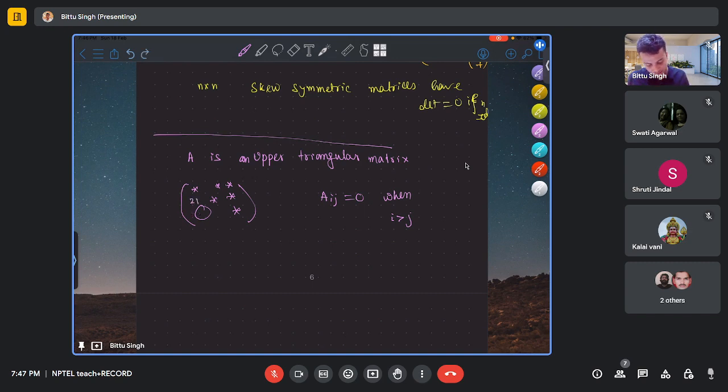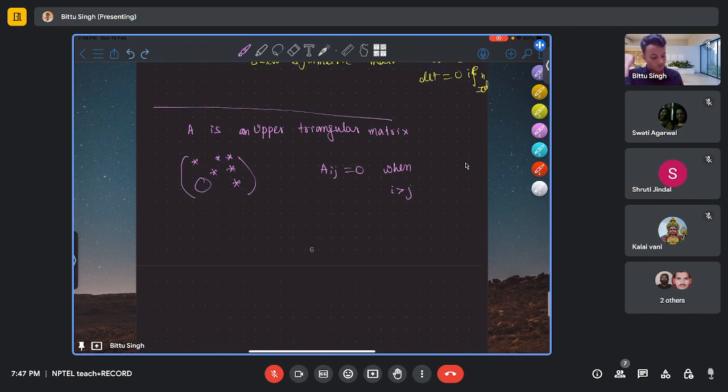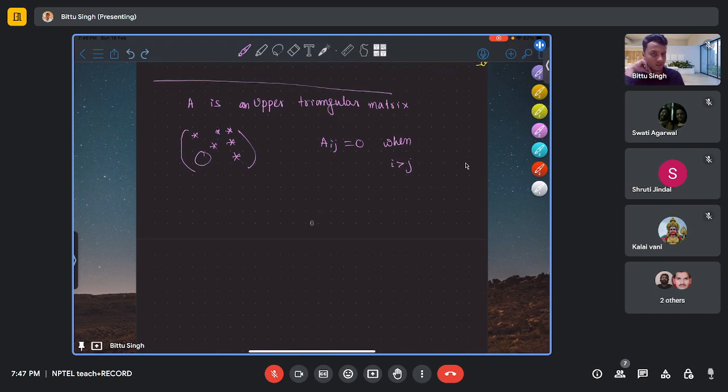So when i is greater than j this is 0. Now the question is, given A is Aij, where i and j vary from 1 to n, an n by n matrix, what will be the determinant of this matrix?